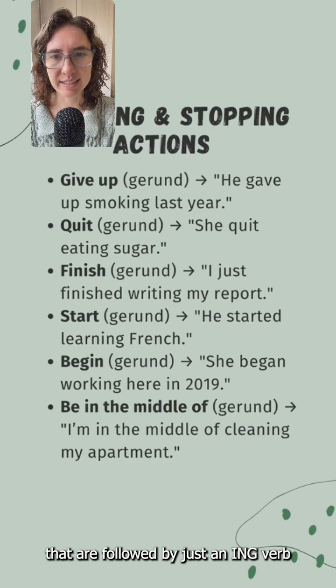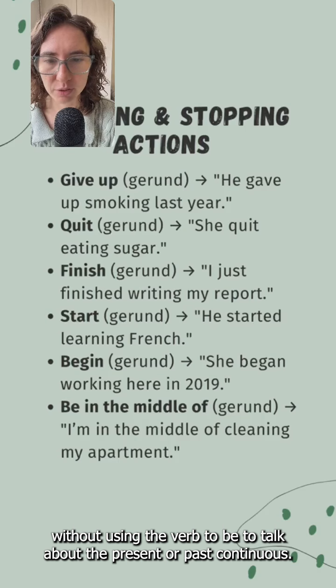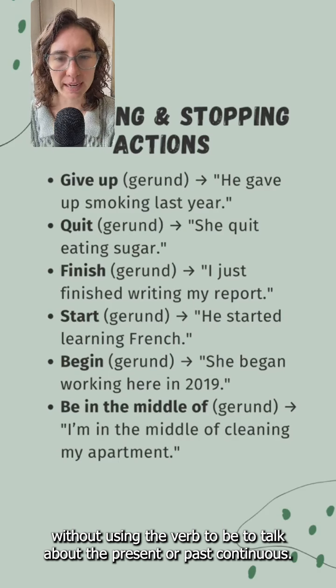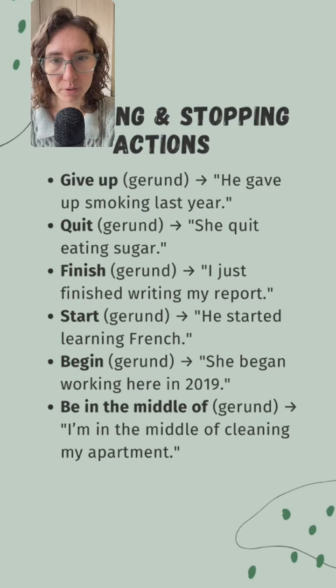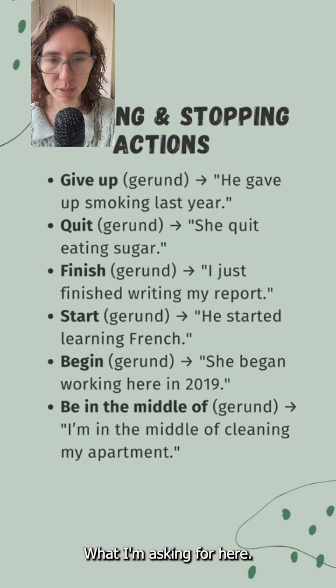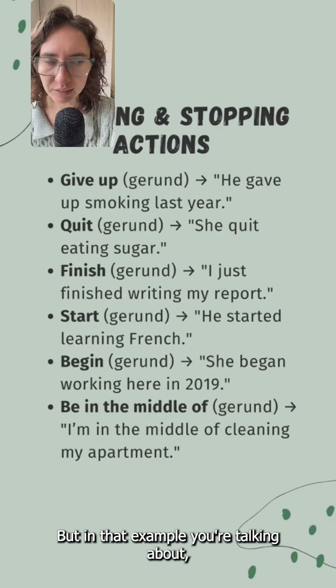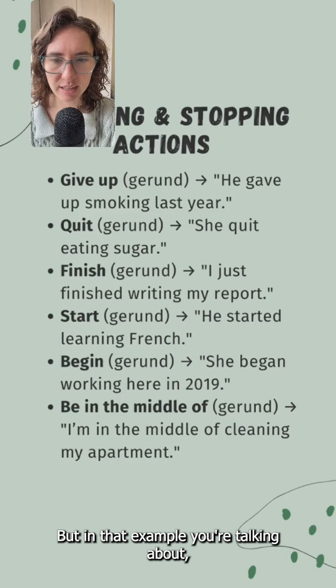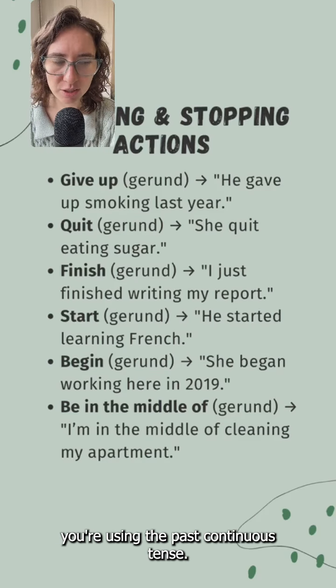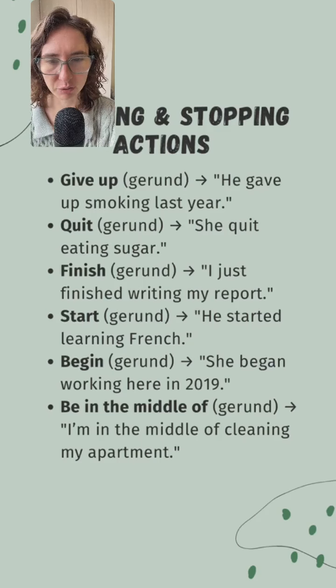So I can say, I am giving up smoking. And it's totally fine for both to be ing. But I could also say I gave up smoking or I will give up smoking. The part of give up can be in any verb tense. It's just that the verb afterwards needs to be with the ing form.